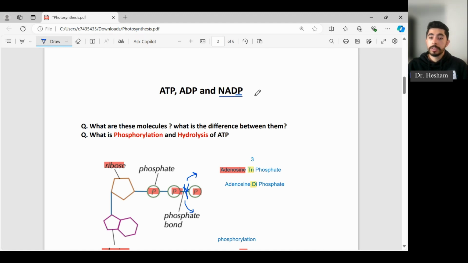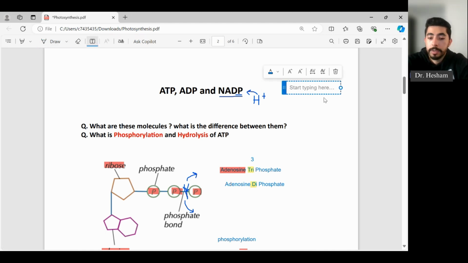So reduced, what I mean by reduced is a hydrogen ion can be easily added to this molecule so that it becomes NADPH or reduced NADP because it accepted a hydrogen ion.